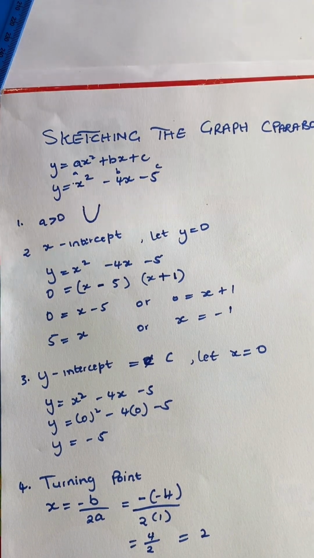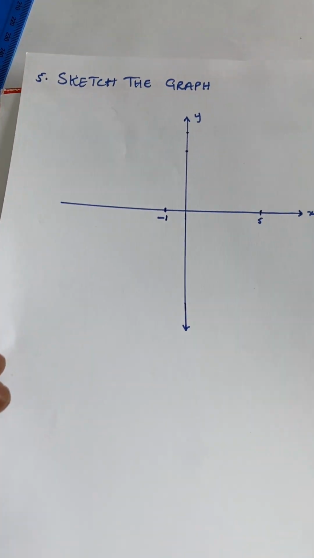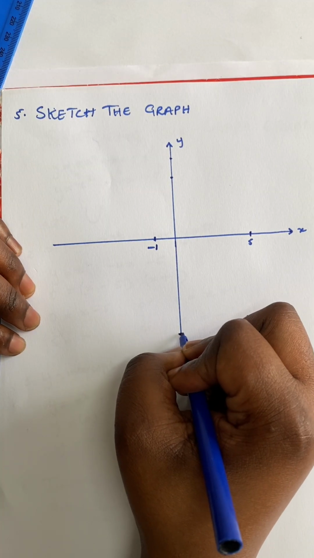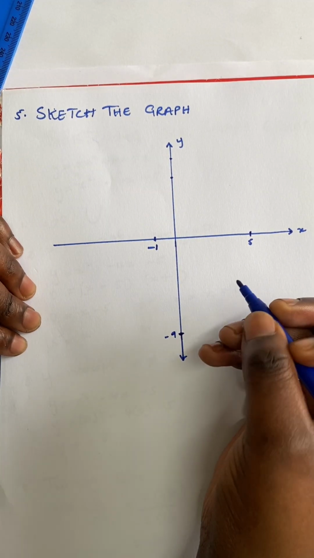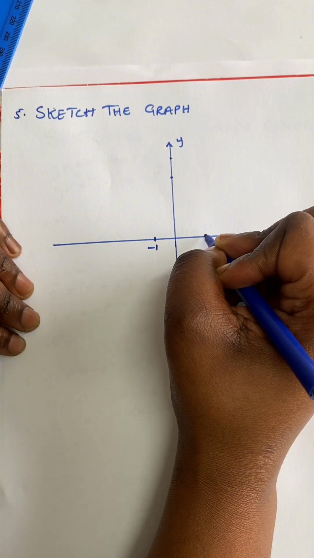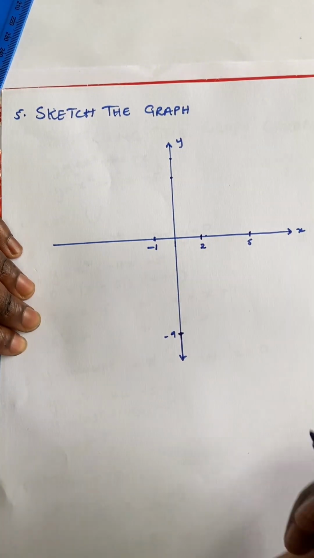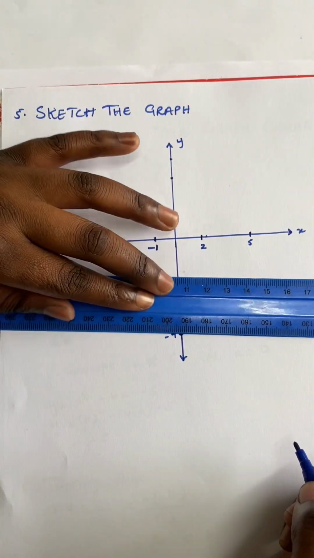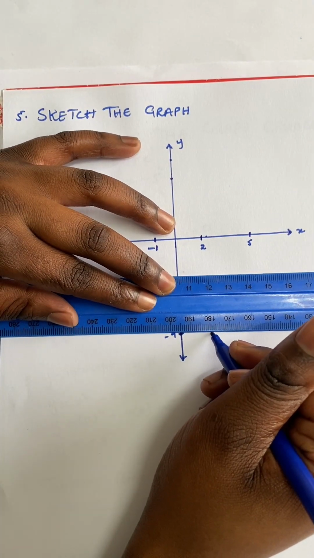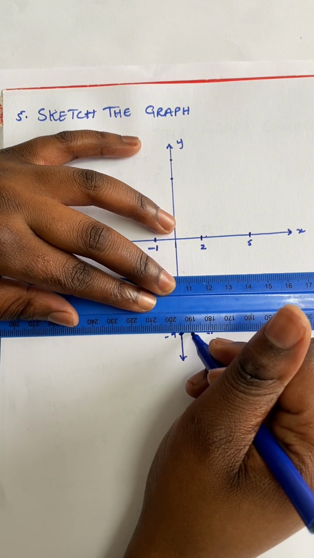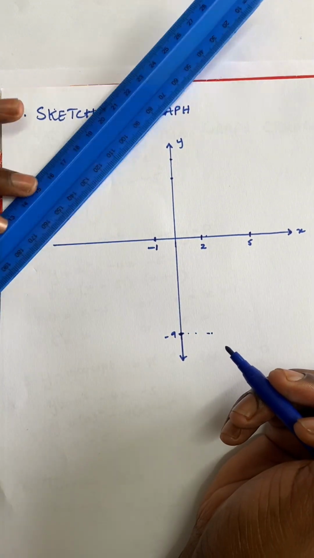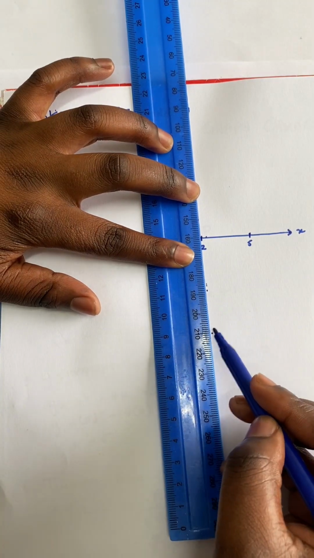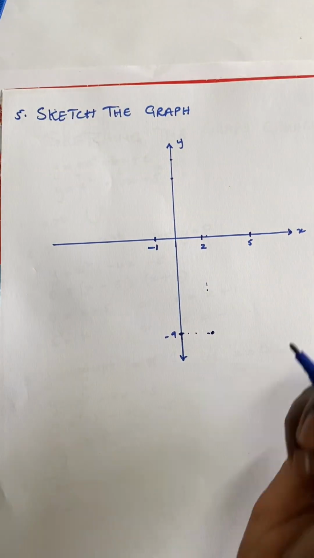Your turning point is 2 and -9. I'm going to assume that your -9 is here, and that your 2 is here. It won't be as accurate as it should be, but remember, you're supposed to make it accurate. This is the coordinate of the turning point. Your turning point should be here.